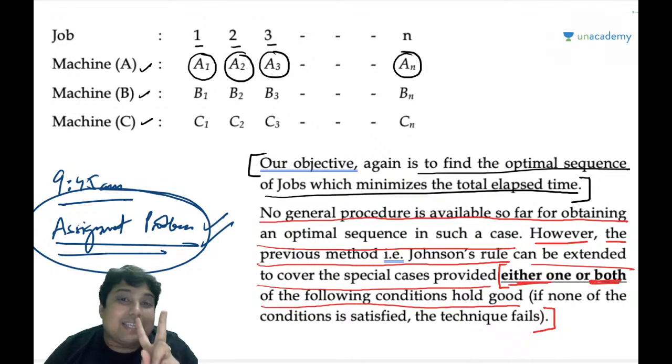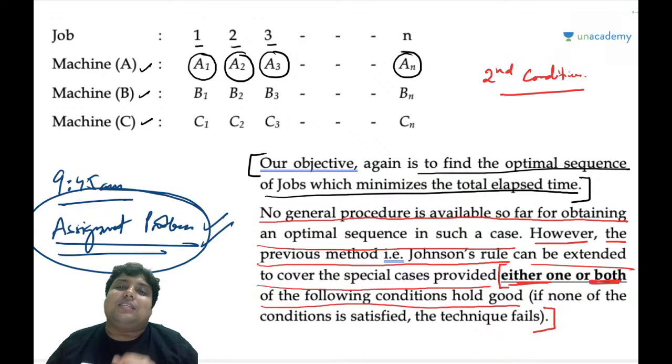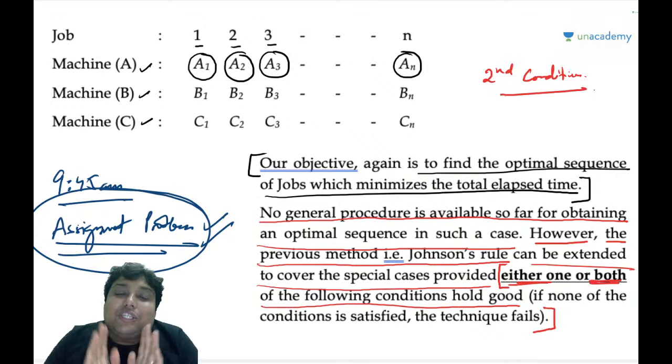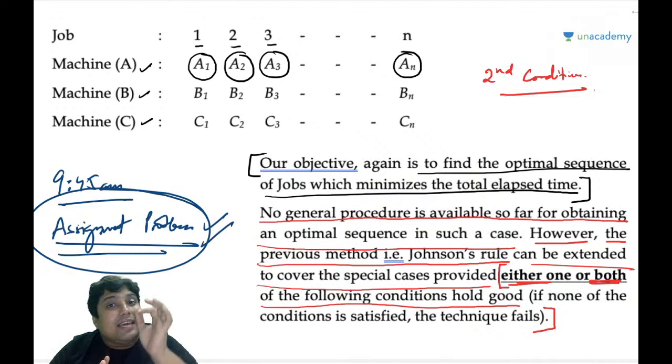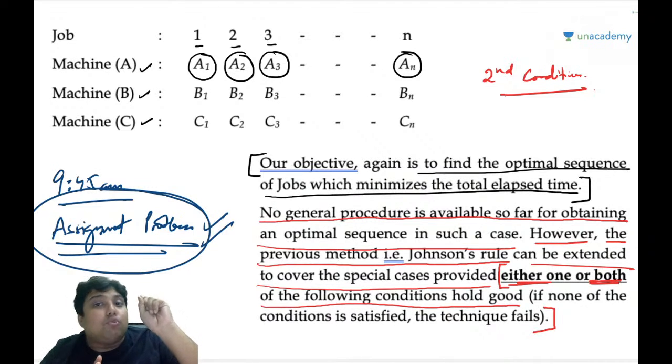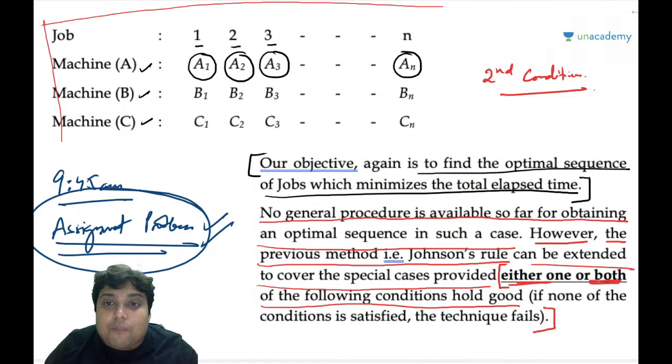So basically it is suggesting two conditions. It is saying that if even one of the two given conditions is satisfied, then the Johnson's algorithm that we used in the previous class can be used to find the optimal sequence for an n job 3 machine problem.